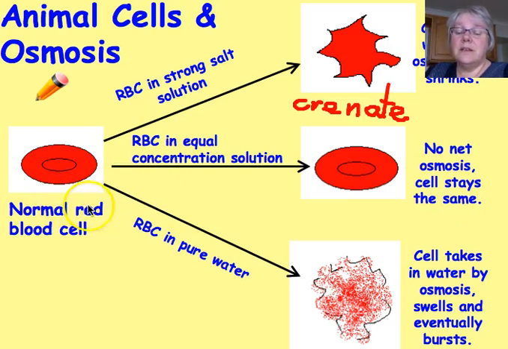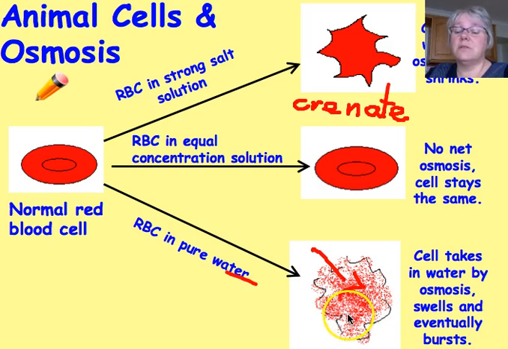Now in our plant cell, when it was placed in pure water, you remember that the cell swelled up and became turgid, but it didn't burst. Now when you put something like a red blood cell into pure water, there's no cell wall there, and as the water moves into the cell, it again swells up, but this time the cell will burst because there's just the cell membrane there and it's not strong enough to hold the cell together.